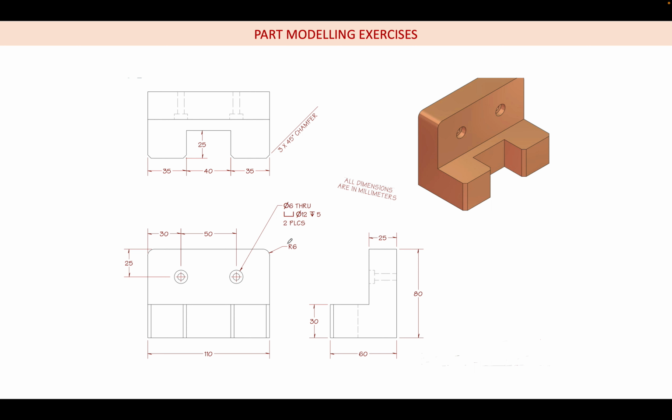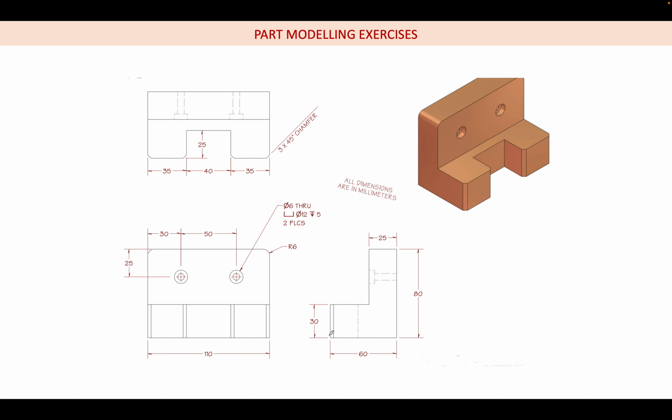So first step is, can anybody say what is the first step? So first we need to identify these dimensions, right? If you see the side view, this is 25, this is 60, and this is 30.